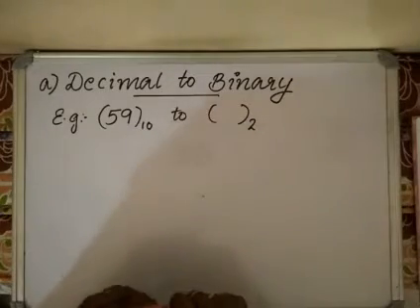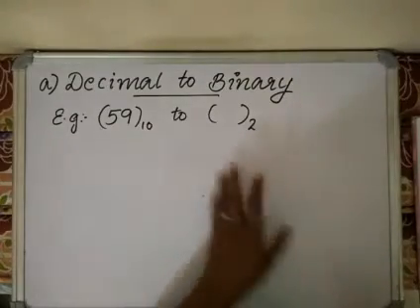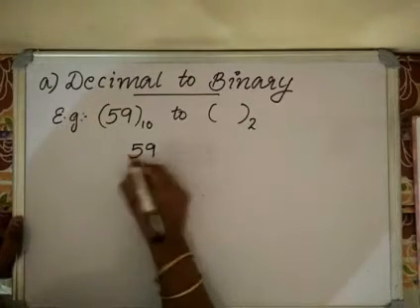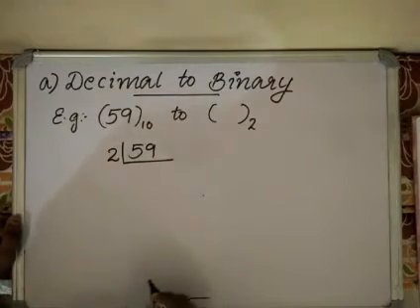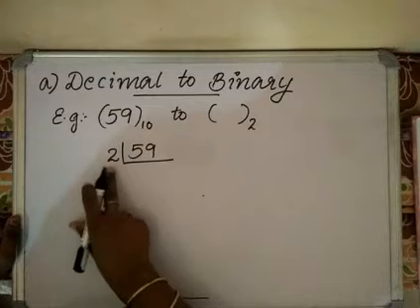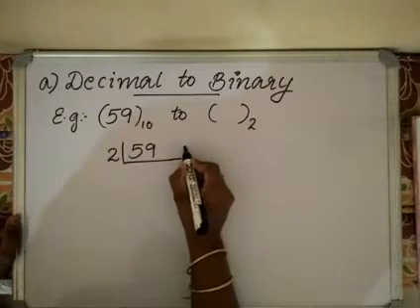Let 59, a decimal number, be converted to its equivalent binary. So 59, we divide it by 2. The number and all successive quotients are divided by 2. Then we accumulate the remainders.